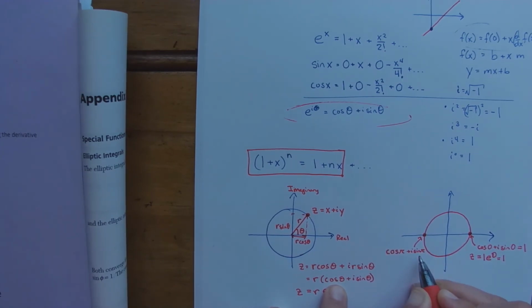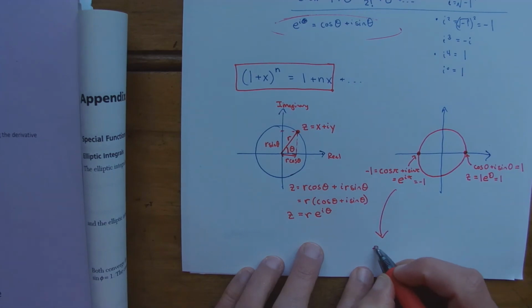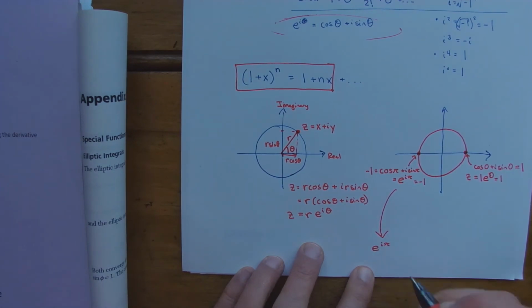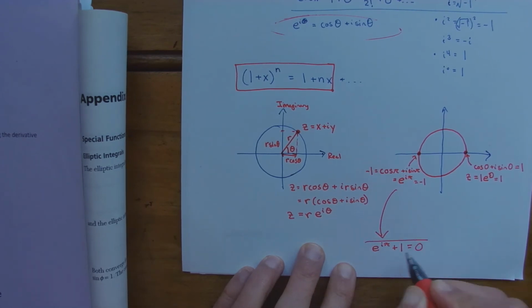But sine of pi is equal to 0, cosine of pi is equal to -1, so this is indeed -1, but you could also write it using this expression here, and you have r is equal to 1, so this is e to the i pi, which is equal to -1, and you can rewrite this and get Euler's identity, so this is e to the i pi plus 1 is equal to 0.